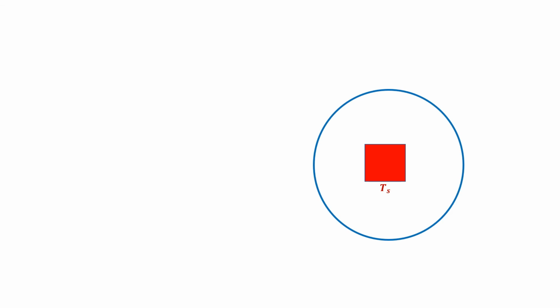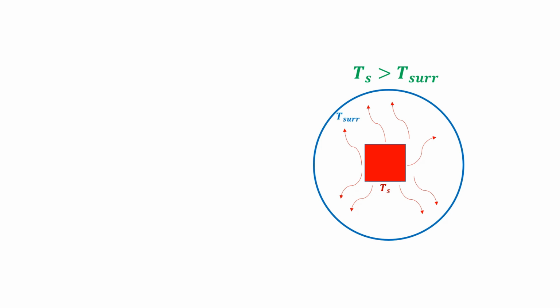Now consider we have a block which is at a temperature of T_s, and its surrounding is at a temperature T_surrounding, such that the temperature of the block is higher than the temperature of the surrounding. So the radiation heat transfer will occur from the block to the surrounding.